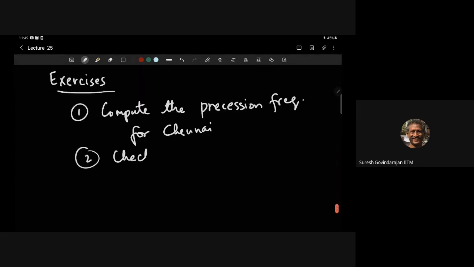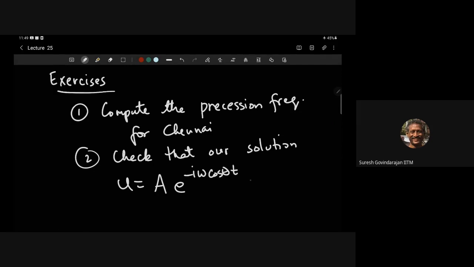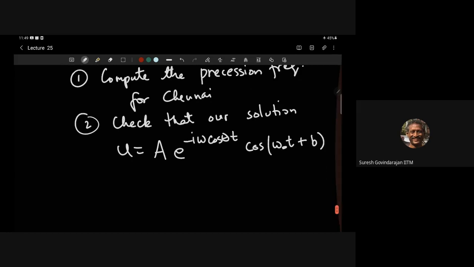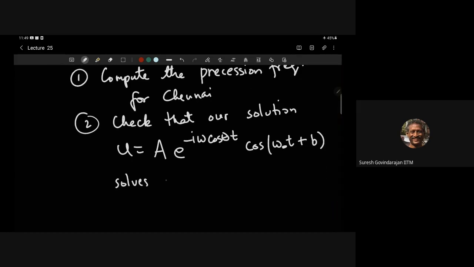Check that our solution u equal to some a e power minus i omega cosine theta t into cosine omega naught t plus some constant, little b maybe, where b is a constant, almost solves the differential equation, approximately only.